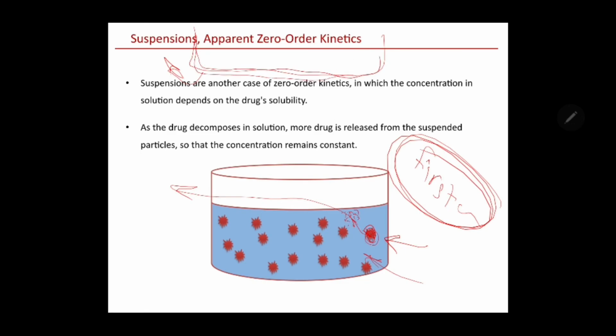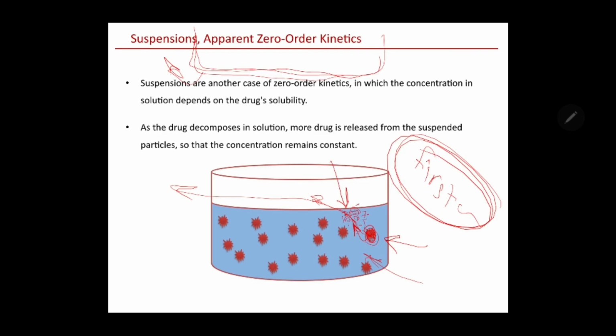But why does it look like a zero order reaction, and we call it apparent zero order reaction? Because whatever amount of the reactant disappears here will be replaced by fresh reactant from the particles.